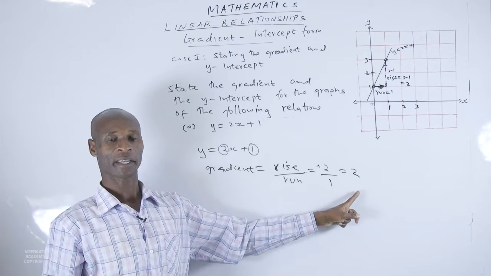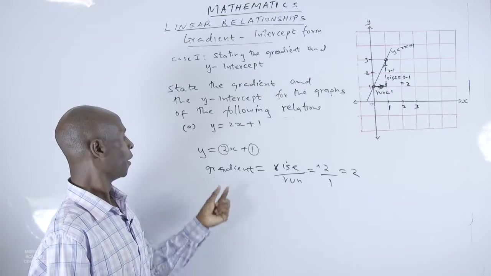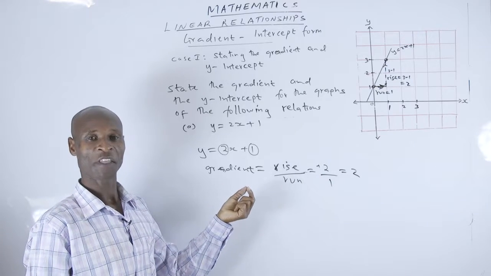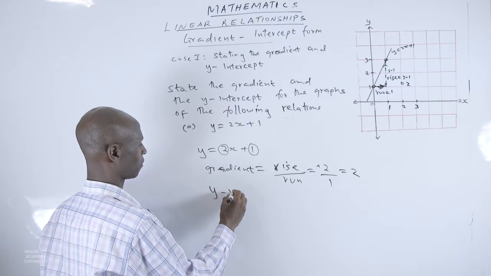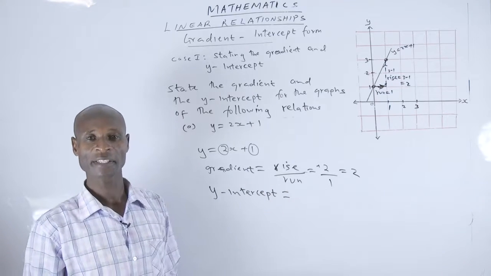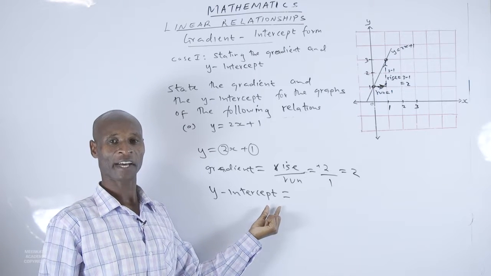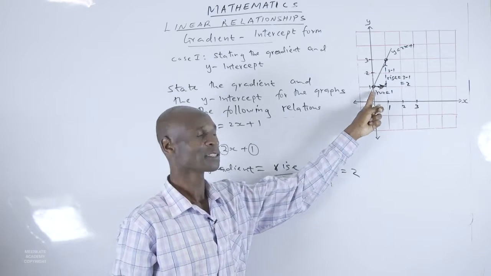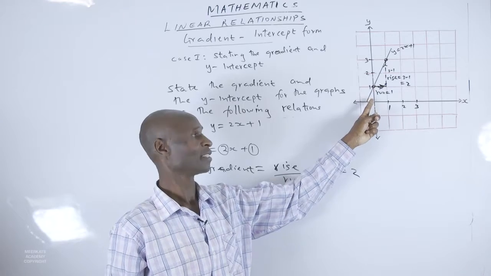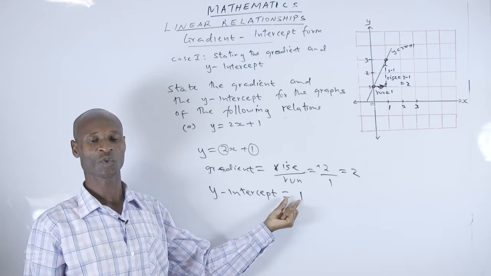That gives us a gradient of positive 2. We also need to read off the y-intercept. In our previous lesson, we mentioned that the y-intercept is the point where the graph cuts the y-axis. In our case, our graph y is equal to 2x plus 1 is cutting the y-axis at 1, and therefore the y-intercept is 1.